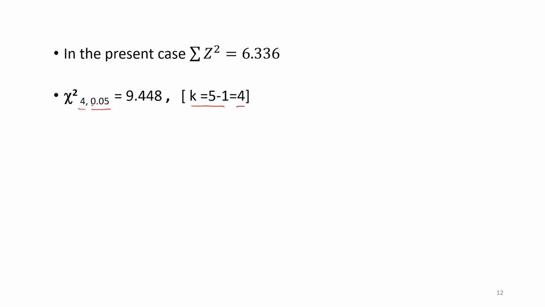So for k equal to 4, level of significance 0.05, if we look at the chi-square table, we will get this figure: 9.448. So whenever you are going through the lectures, you must have the table in front of you so that you can immediately check.